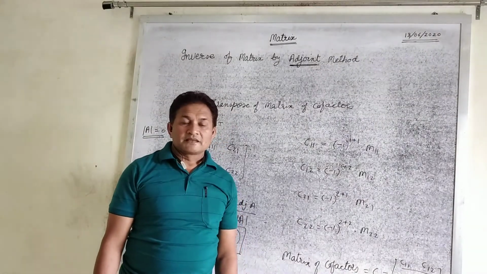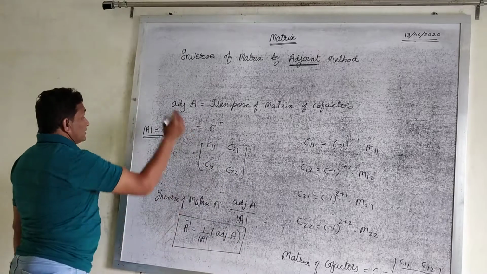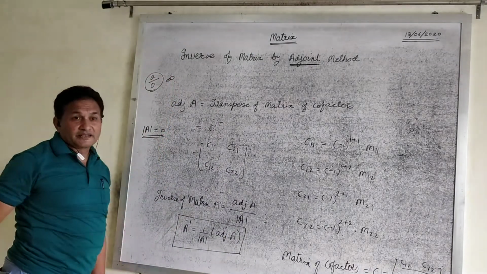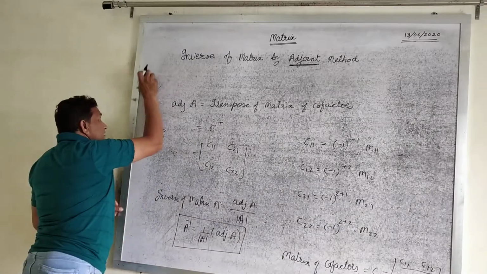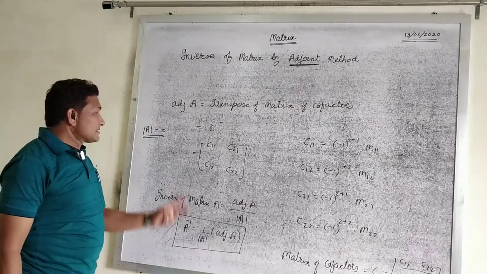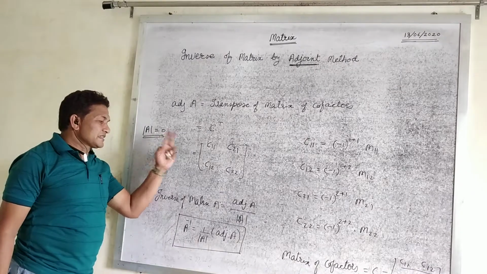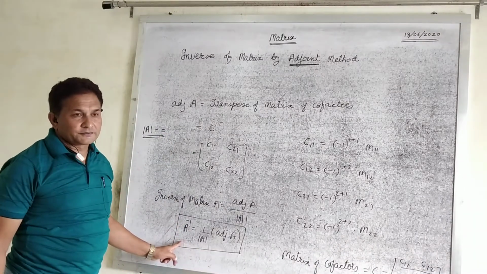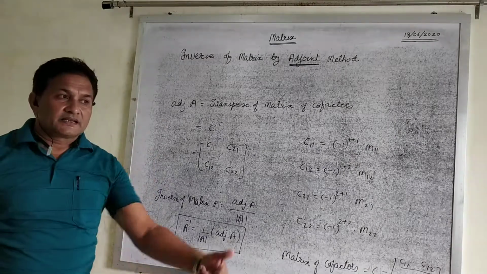We know that dividing any number by 0 gives infinity, hence we cannot divide by 0. Hence, if the determinant of A is 0, then the inverse of the matrix does not exist. We will see the examples.